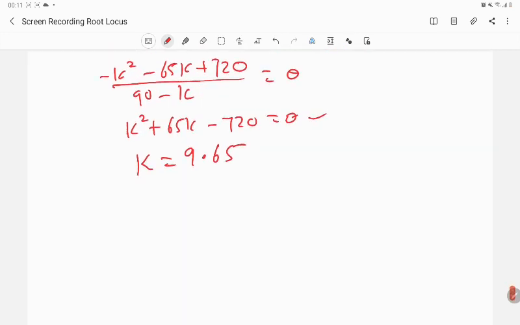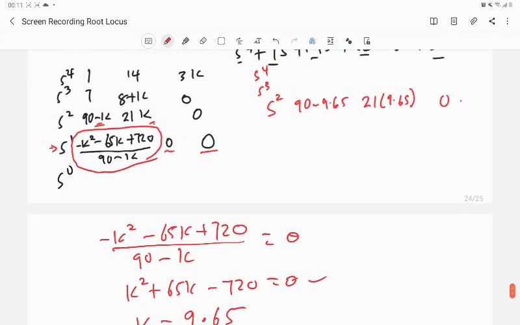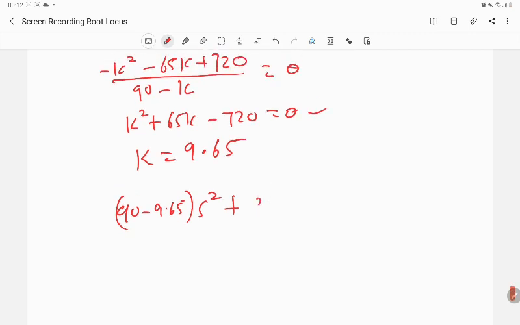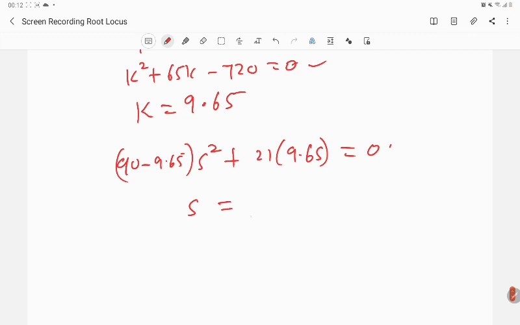So we can easily use that to find our auxiliary equation, and that is going to give us 90 minus 9.65 s squared plus 21 times 9.65 equals 0. So our s squared then is going to be minus 21 times 9.65 all over 90 minus 9.65.